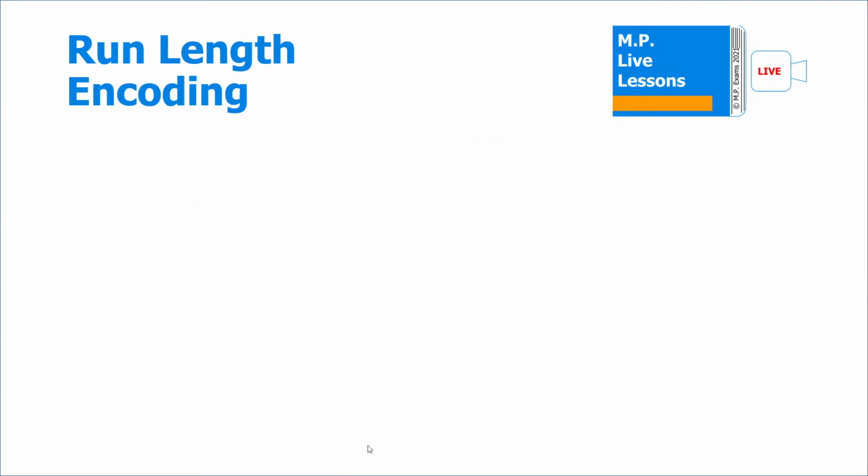Next, we move on to a bit of compression. Now, we could have very large file sizes, and there's a few ways we could compress them to make them smaller. One way to do this is run length encoding. Now, before we start this algorithm or way of compressing, this is a lossless method of compression.